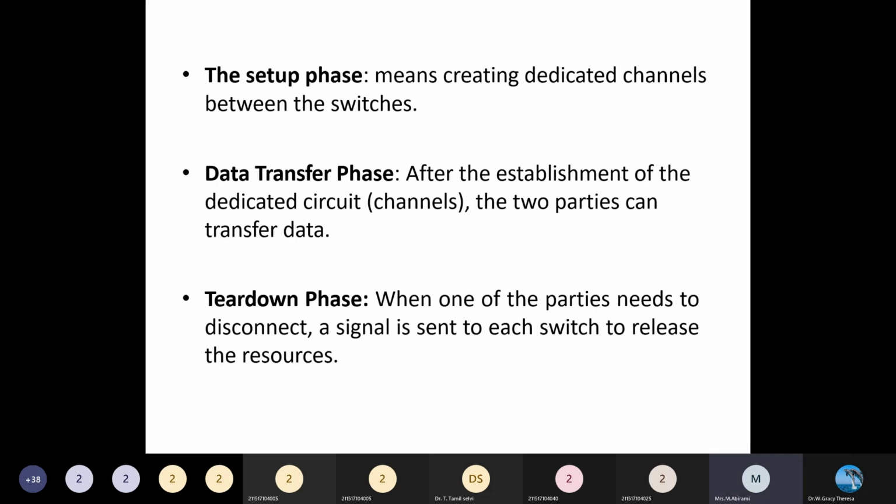What is the communication path of a communication establishment, that is, the setup phase? So in the setup phase, before data transfers from one device to another device, they use the format of space division switching. So they convert the frequency into data mode. So space division switching can be achieved by using a crossbar switch.